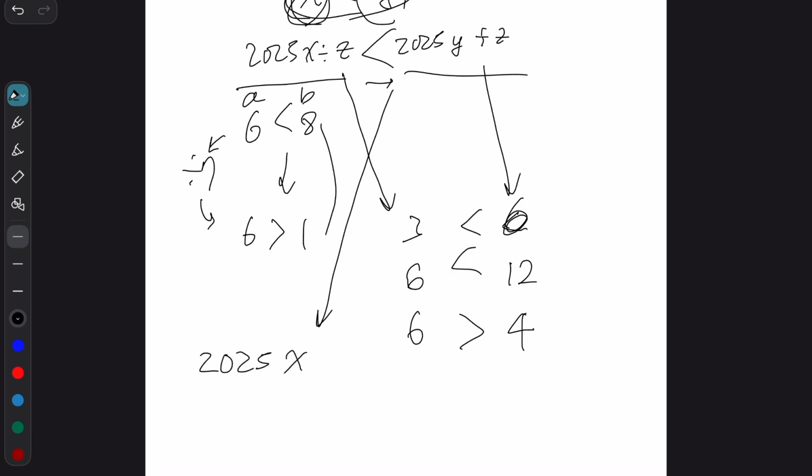So to see it like this, 2025x mod z, for example, if z is something like 6, then the remainder should be something like 2025 divided by 6 times x divided by 6, the remainder.